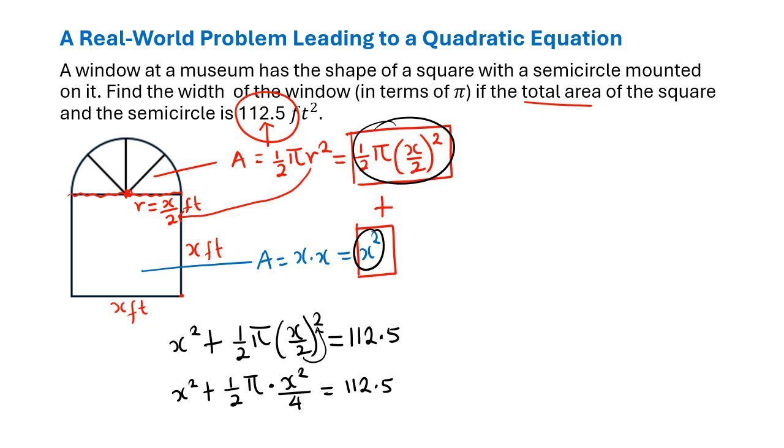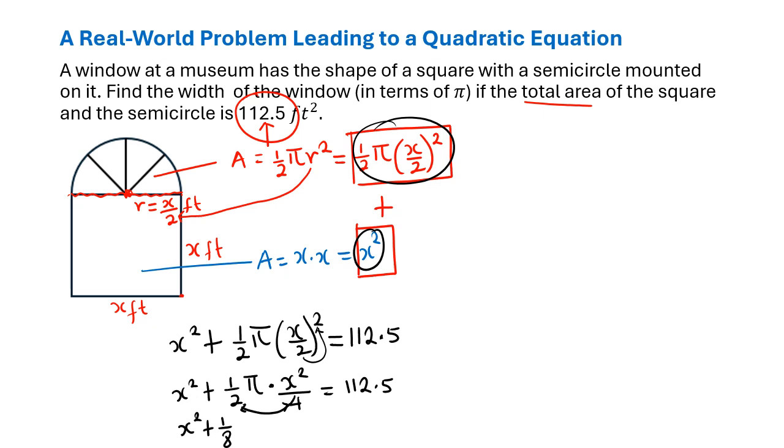If I keep going, I need to simplify to see what I'm dealing with. So x squared plus 1 over 2 times, okay, I can just multiply the denominators together. That will be 2 times 4, which is 8. So I remove this 2 and plug in 8.